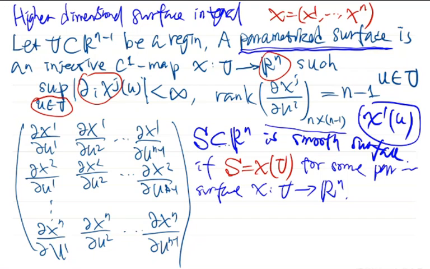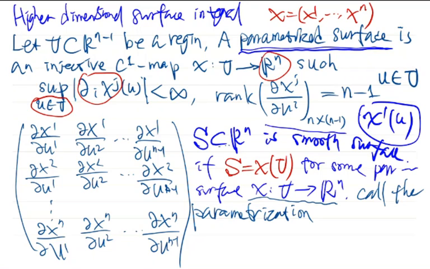Such a parametric surface is called the parametrization of the surface S, because every smooth surface is the image of some parametric surface.